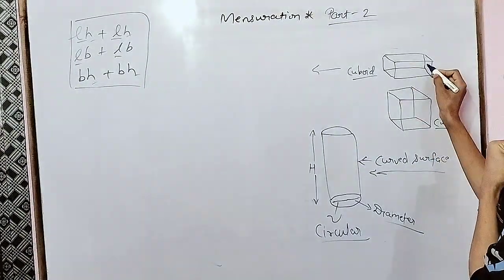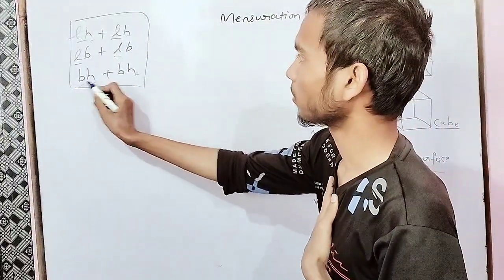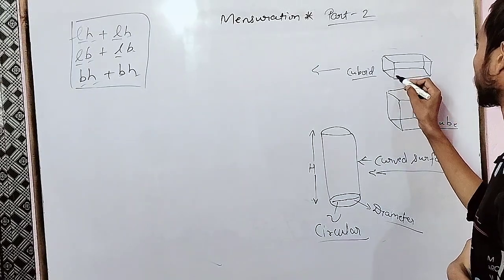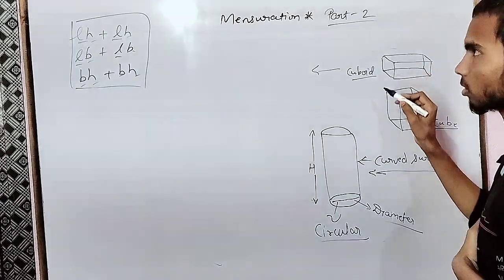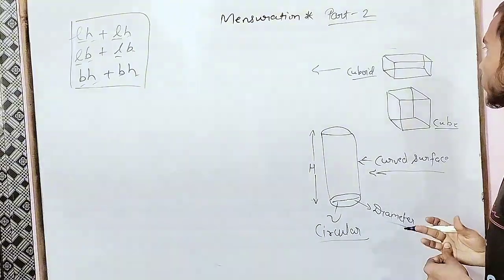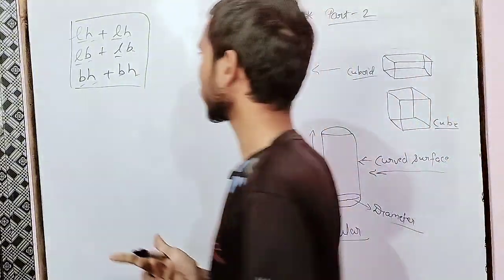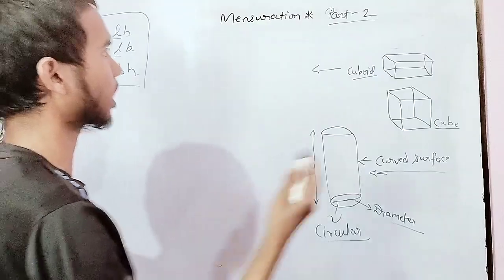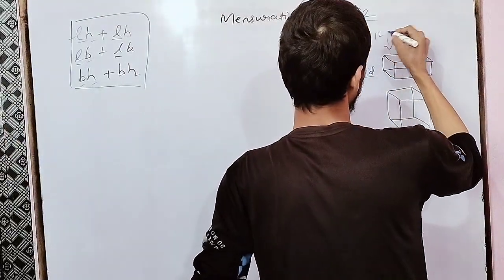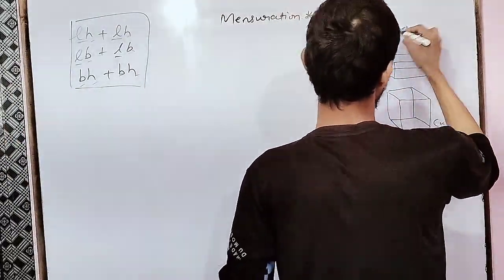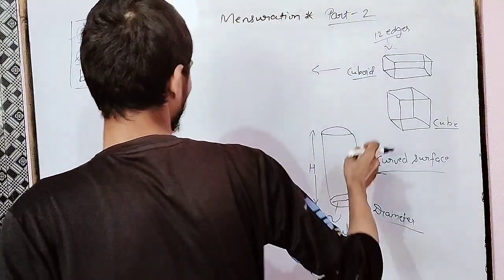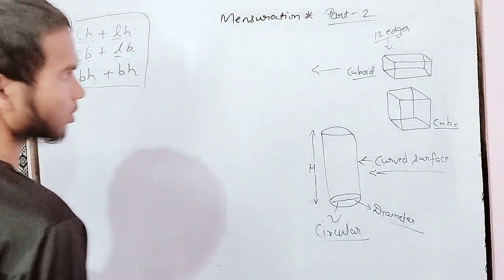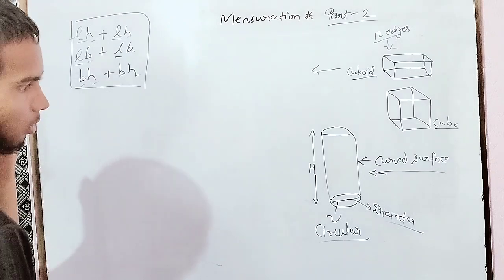Breadth is also 4: 1, 2, 3, 4. Clear? So 4 plus 4 plus 4 gives 12 edges, and these are parallel edges. Remember, parallel edges, as well as in a cube, also in a cube.